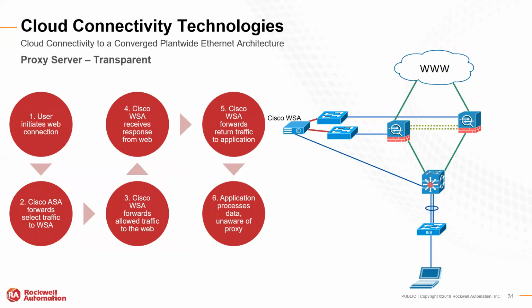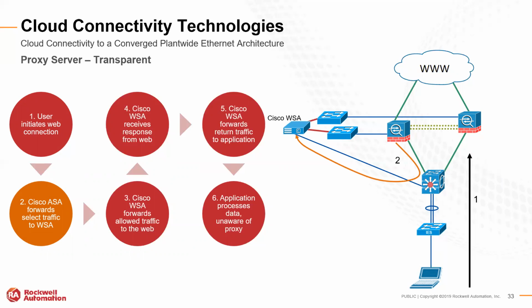So how it would work essentially is the user initiates a web connection, and that's the very first step. From your computer it goes up, you connect to the web. Your Cisco ASA, which is your firewall that's in place to prevent outside traffic, from there sends that traffic through the web security appliance.